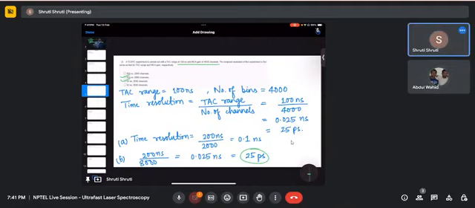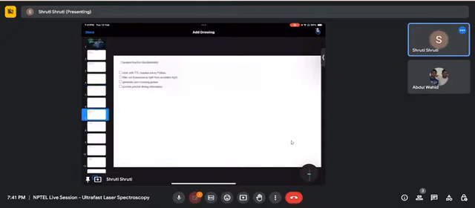The laser will go and hit the sample, and detection will be at 90 degrees, like this. Before the detector, something will be there, your monochromators and those things to select the wavelength. Then you will have the detector.